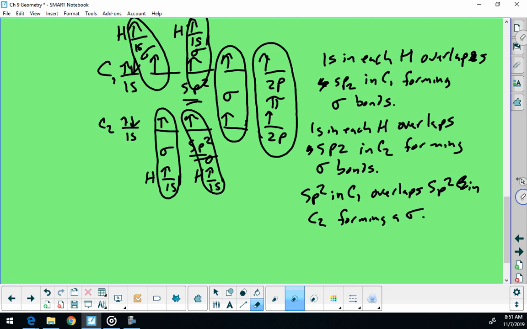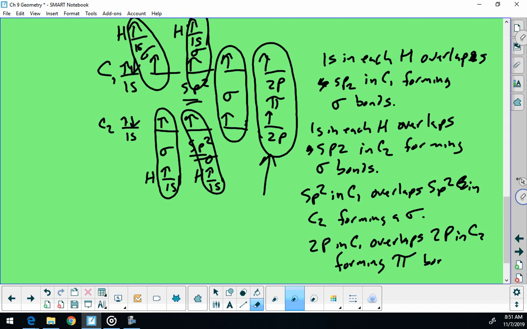And then I have my 2p in carbon 1 right here. I have my 2p in my first carbon overlapping a 2p in my second carbon, forming what kind of bond? This is the second bond, and it's between my two p's, so this is forming a pi bond.